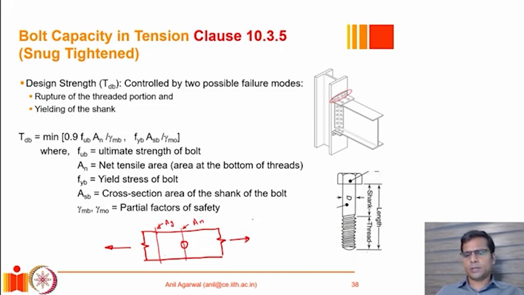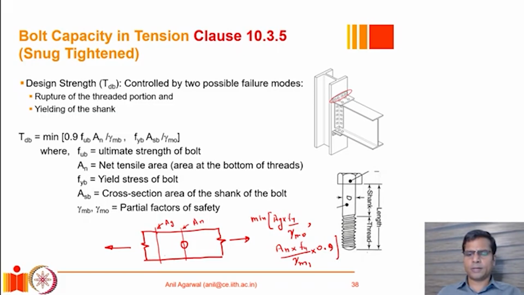So the strength was basically equal to minimum of Ag, gross cross section area, multiplied by Fy divided by gamma m0, that was 1.1, and the other value, An, net cross section, multiplied by Fu divided by gamma m1, and then there was an additional factor of 0.9 that was applied to account for the significant consequences of a rupture type of failure.